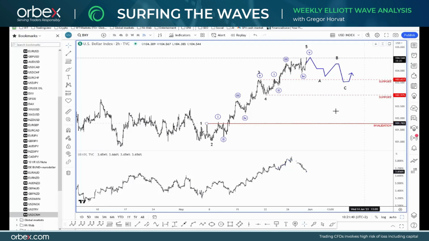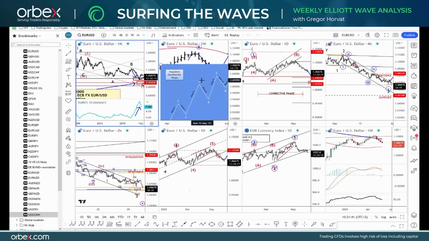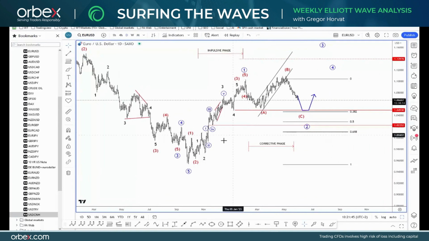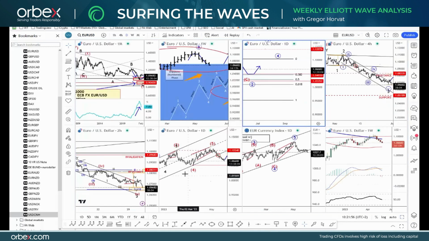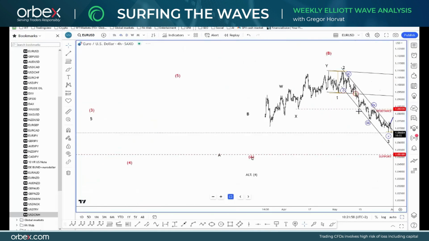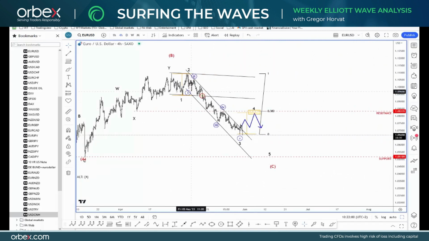Now let's take a look also at the euro. On the opposite side of this, euro dollar is obviously in a very similar situation. Here we have five waves up, and now I think we are in a corrective setback, and wave C could see more weakness towards 105. Looking at the 4-hour time frame, I think that we are coming here into some supports for a wave 3.